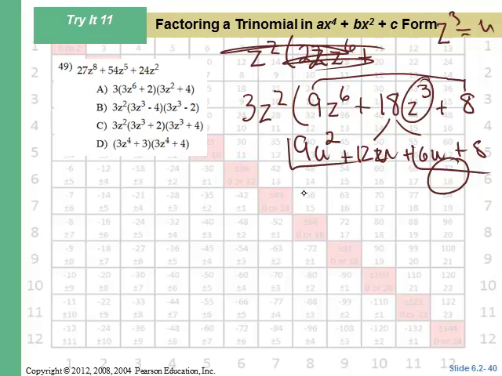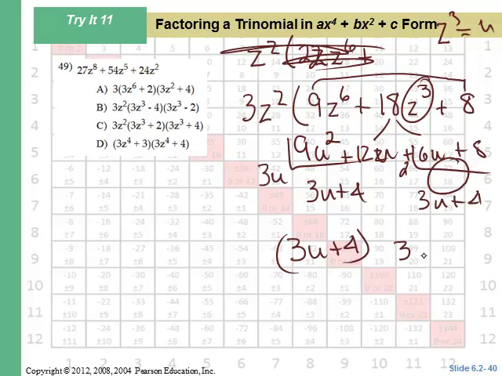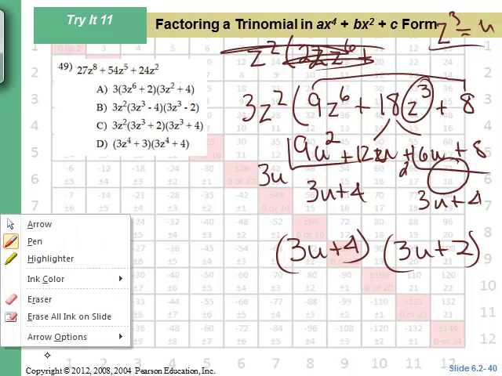Okay. So we can factor 3u out of the first one, so we're left with 3u plus 4. Factor a 2 out of the second one, so we're left with 3u plus 4. So our factored form is 3u plus 4 times 3u plus 2, but u is z cubed.